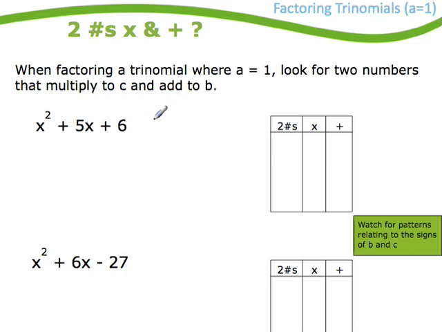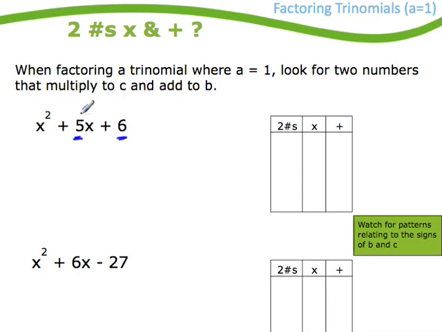Now, when you do this, probably the easiest way is to use some kind of a table form like this. Because as we do it, there's a method that you can look to. What I do when I look at any trinomial is I'm always looking at this last number and at the middle number.